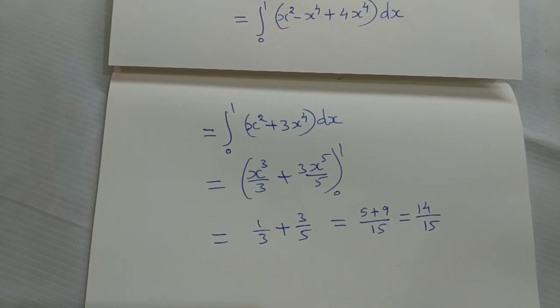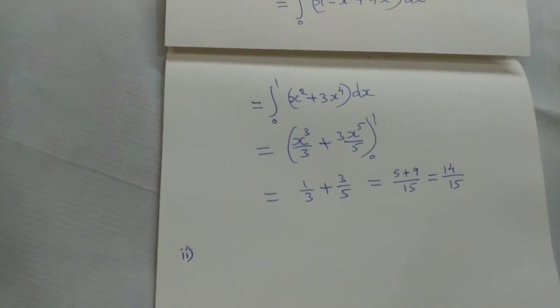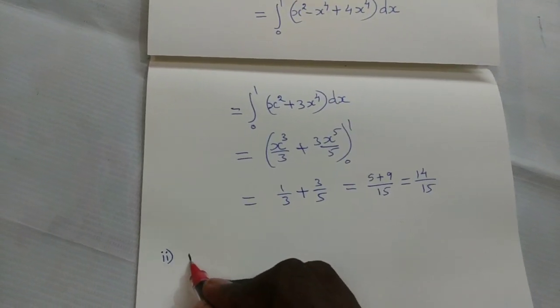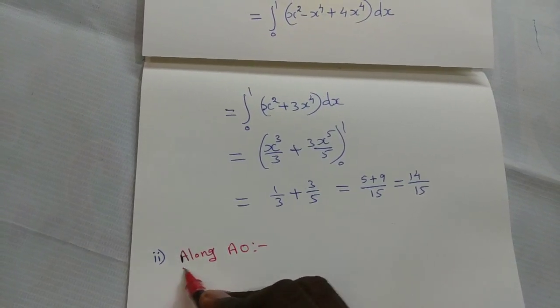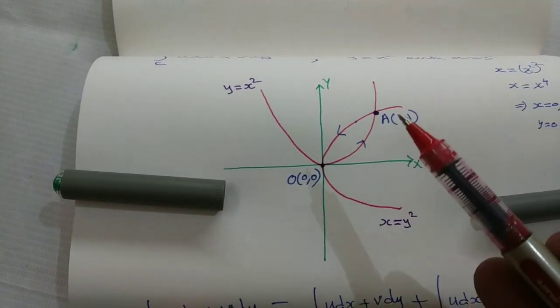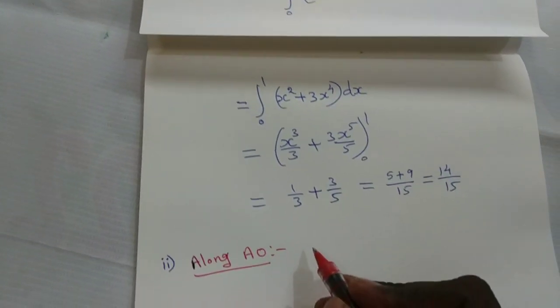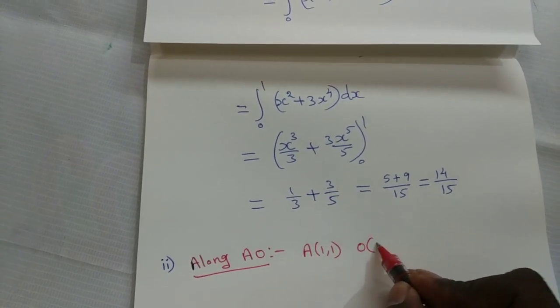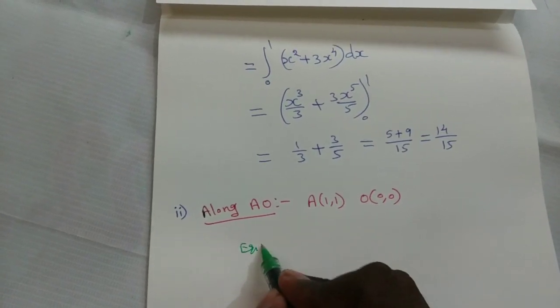Next I am going to find the integral over AO, the second part. Along AO, A is (1, 1) and O is (0, 0).